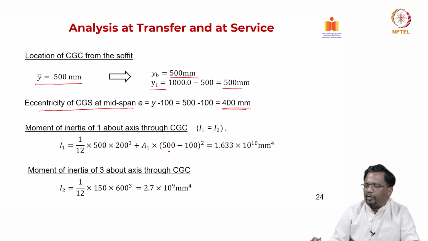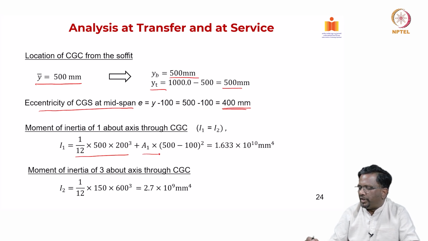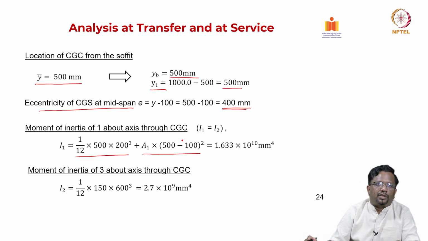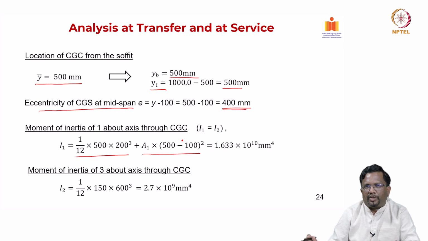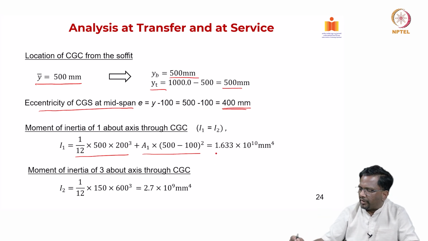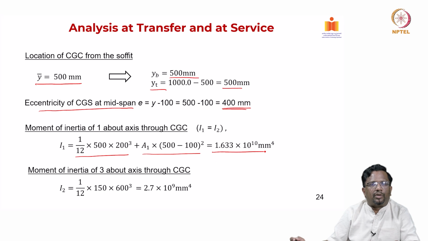Now, the moment of inertia, again we have discussed this. If I divide this into a number of rectangles, I1 and I3 are basically the rectangles at top and bottom. So, this is BD cubed by 12 plus A into the distance of the centroid of the element with respect to the overall centroid. That works out to be 1.633, you know how to do it.